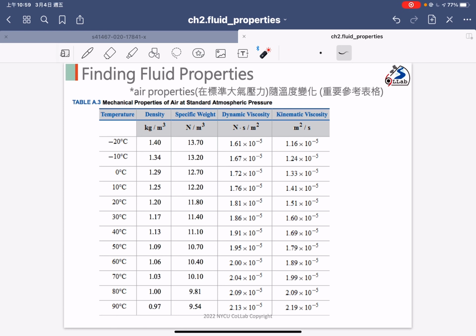Okay, so this table you can double check and compare with the previous tables. You can double check the property changes for the viscosity with the temperature increase from the table shown here.